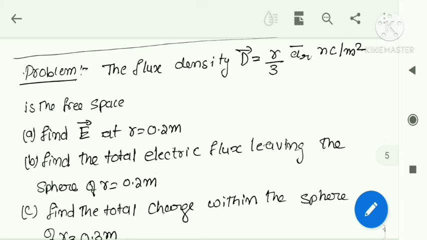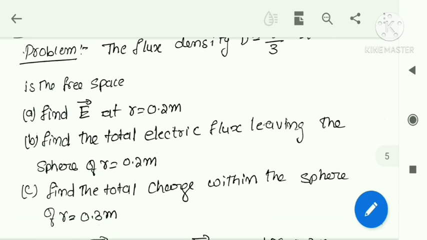It is nothing but Q. We know that Q is given by the integration of D dot dS, that is the electric flux density into the differential surface dS. In the last case they are directly asking us to calculate the charge.